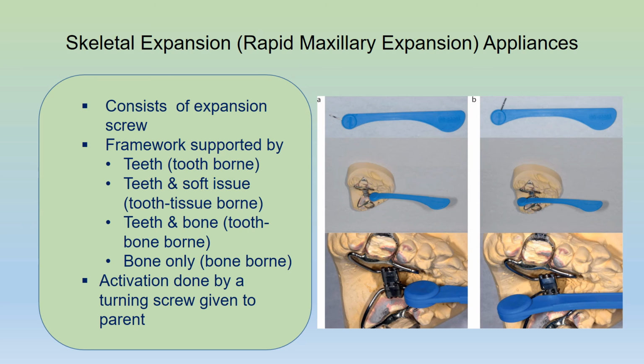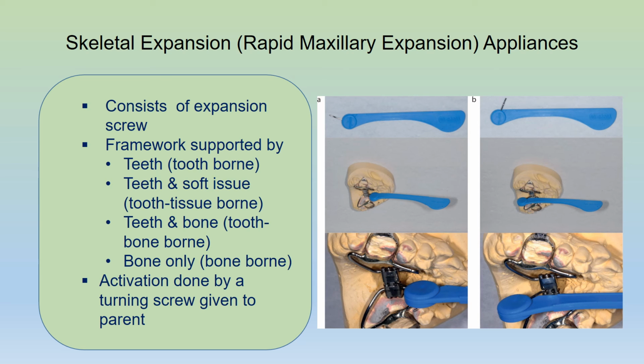These appliances usually consist of an expansion screw, and the framework is supported by the teeth, in which case it is known as tooth borne. It can be supported by teeth and soft tissue, which is tooth-tissue borne. It can be supported by teeth and bone, which is tooth-bone borne, or it can be supported entirely by bone only, which is bone borne.